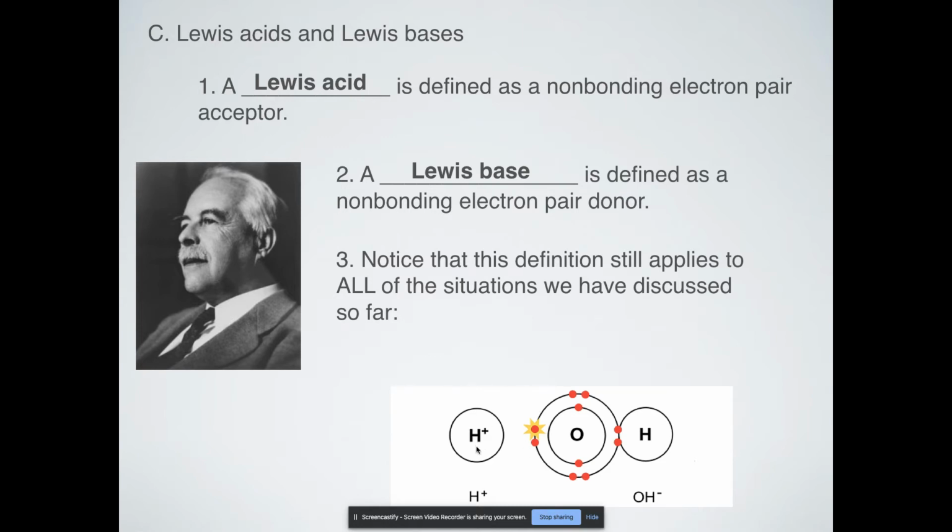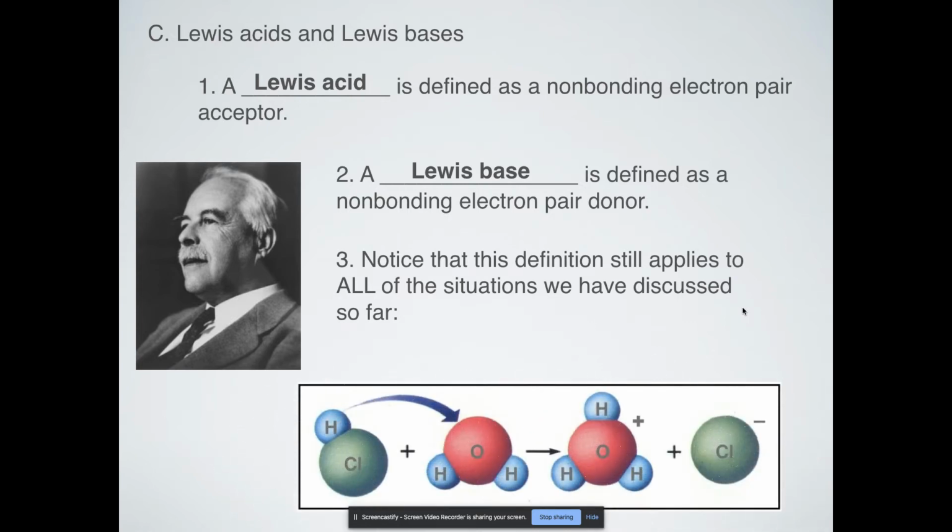hydroxide ion. Now let's just pick another random example from our Bronsted-Lowry ones that we were doing, right? So there are no lone pairs that you can see on here, but you kind of already know where the lone pairs of electrons are located. So if these are our reactants and these are our products, this H is going from here to here. And that's how we defined Bronsted-Lowry acids in this case, and Bronsted-Lowry bases.